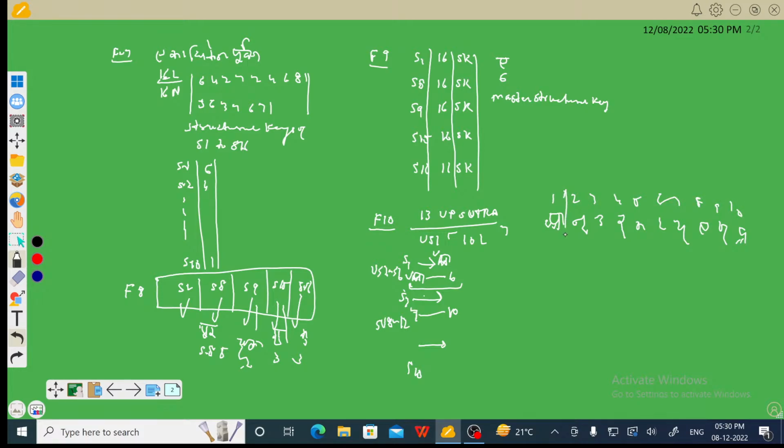So this letter is the structural key of Upsutra 1. And then these 6 letters up to 6, these letters are of Upsutras 2 to 7.